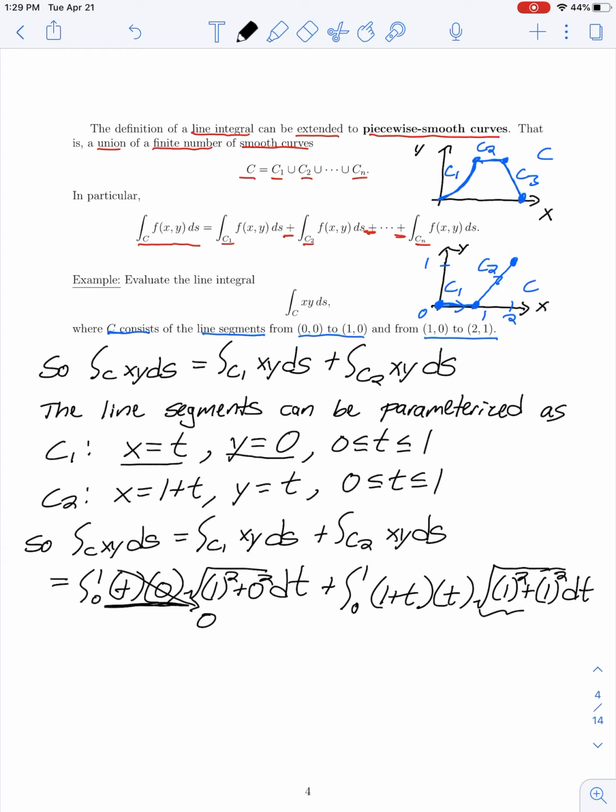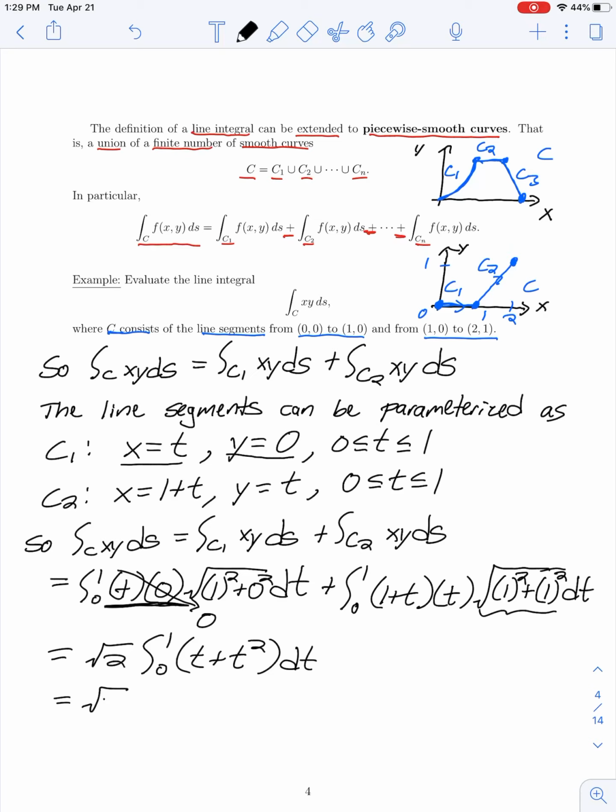So the expression under the radical reduces to root 2, which I can then pull out in front of my integral, and I have root 2 times the integral from 0 to 1 of, distributing my t, t plus t squared dt.